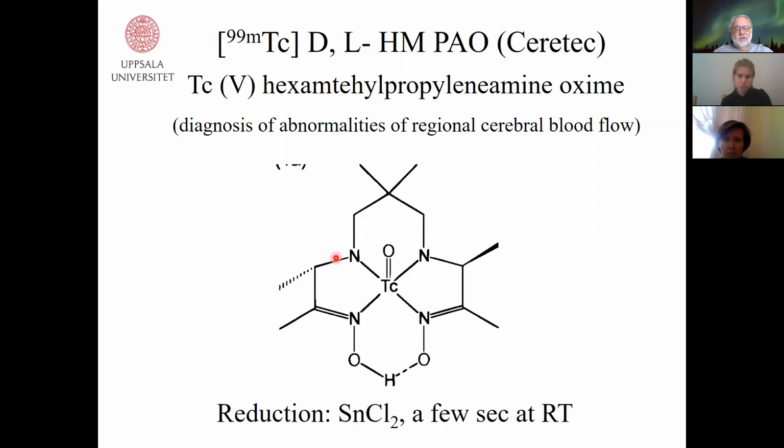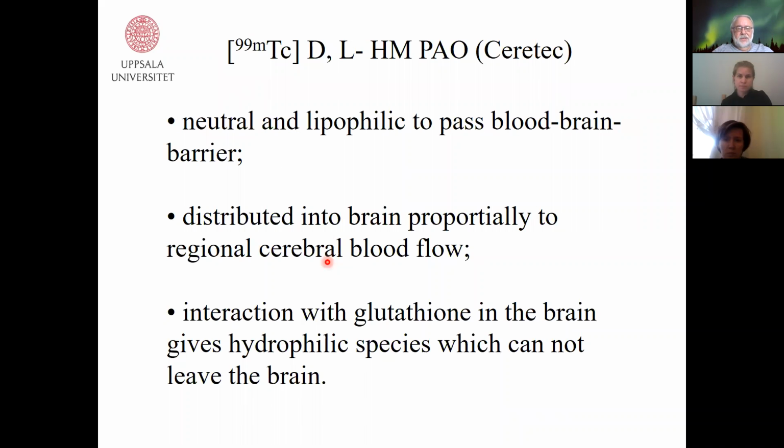So intuitively, you could conclude that this substance should be very lipophilic. And it's neutral, so it's non-charged lipophilic. That means that it can penetrate through the cellular membrane, and even more, it can penetrate through the blood-brain barrier, the hematoencephalic barrier. And it is distributed inside the brain initially proportionally to regional blood flow, apparently.